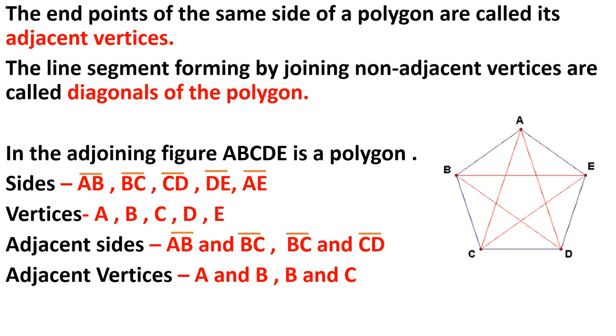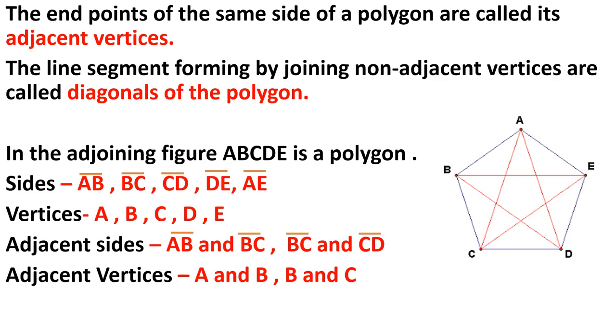The line segments formed by joining non-adjacent vertices are called the diagonals of a polygon. Adjacent vertices you know very well, the two end points of the same side. So the line segments formed by joining non-adjacent vertices are called the diagonals of a polygon.